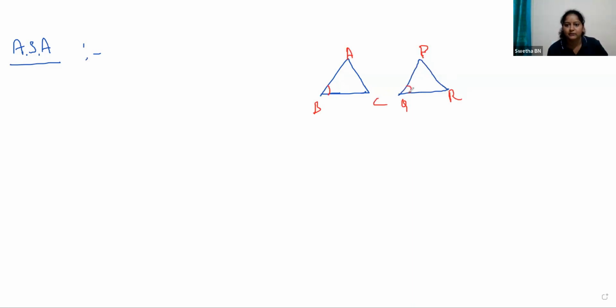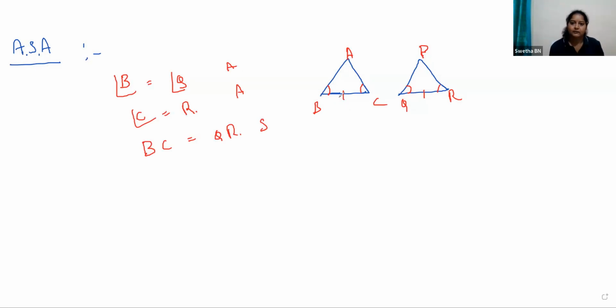Here angle B is equal to angle Q and angle C is equal to angle R, then BC is equal to QR. Okay, so two angles, angle, angle and side. If two angles on one side of triangle are equal, then we can say triangle ABC is congruent to triangle PQR.